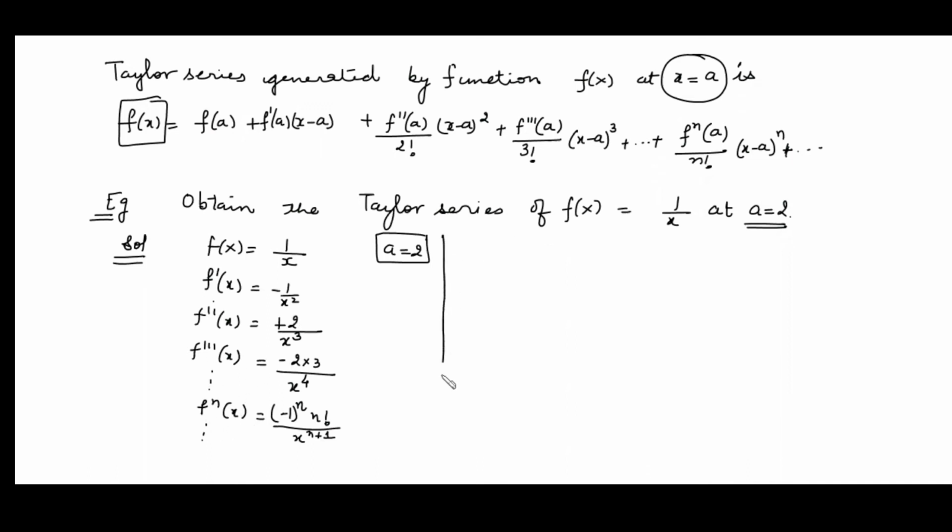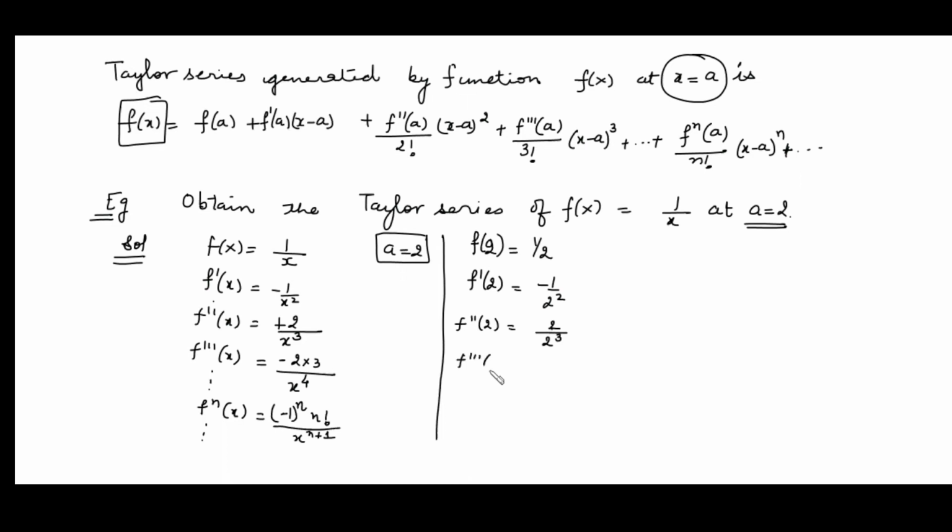Now find out these values at a. What is the value of the function at 2? It is half. The first derivative of the function at 2 will be minus 1 by 2 square. Second derivative of the function will be 2 upon 2 cube.